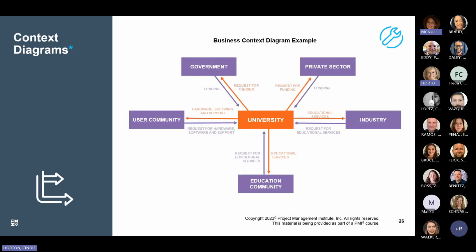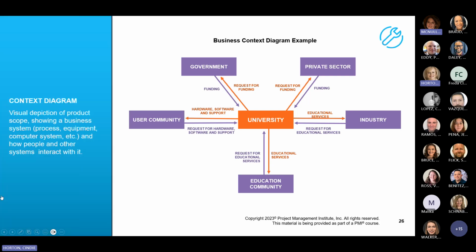Another data representation tool is the context diagram. A context diagram is a visual depiction of product scope showing a business system, in other words, process, equipment, computer system, etc., and how people and other systems interact with it.